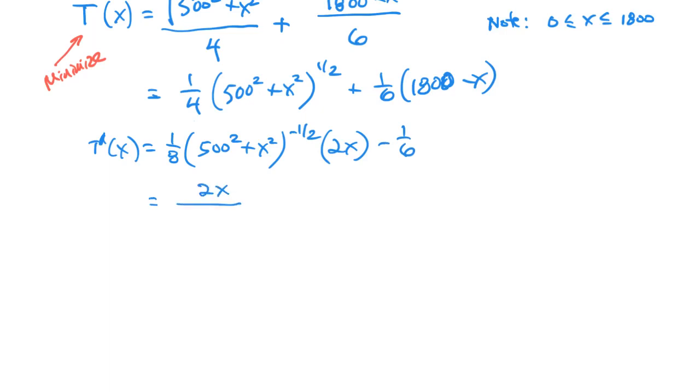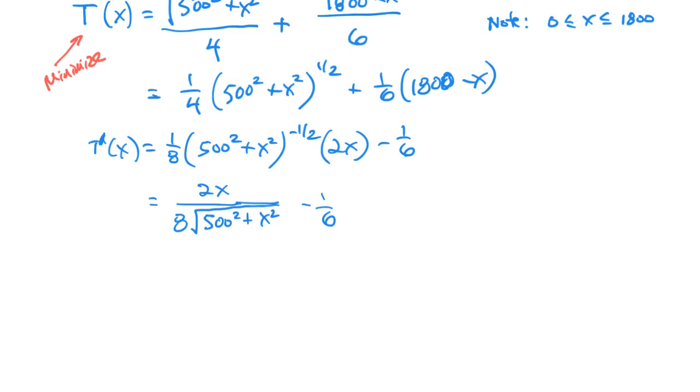So if we clean this up a little bit, we would have 2x over 8, and if I rewrite this thing to make it a positive 1/2, we could put it underneath a 1. And instead of using rational expressions, I'm going to use a radical. So we would get 500 squared plus x squared, minus 1/6.